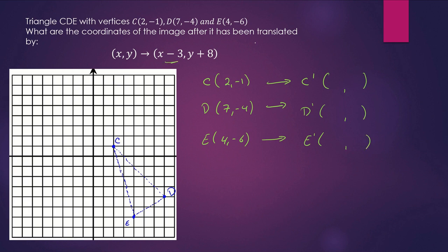So this is saying we're going to move left 3 units. And this part is saying you're going to move up 8 units, right?